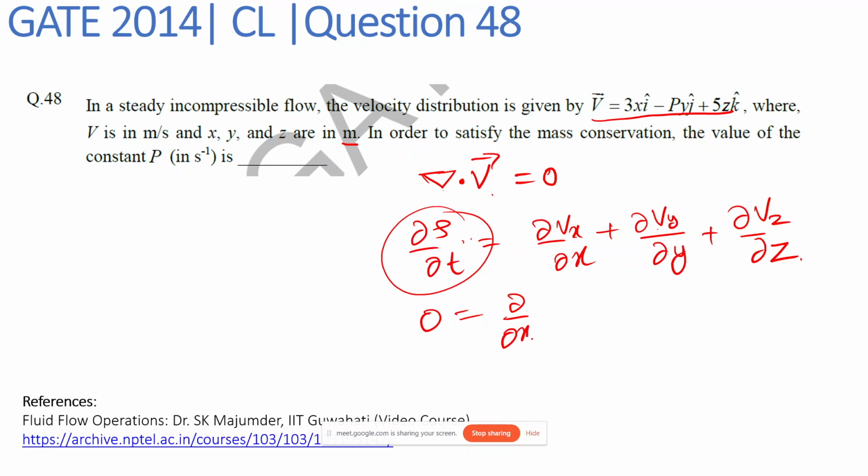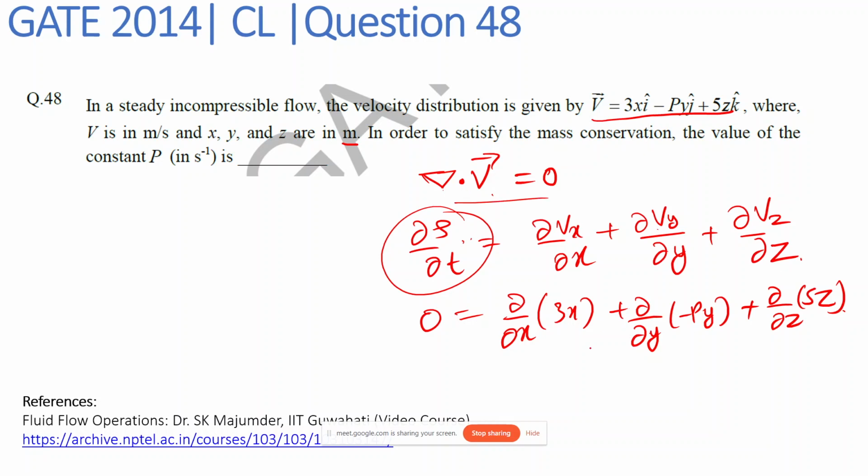So del by del x of Vx is 3, plus del by del y of Vy is minus of p, plus del by del z of Vz is 5. So this 3x, minus py and 5z are the components of the velocity in x, y, z direction, and we have to differentiate them with respect to x, y, and z according to this equation.